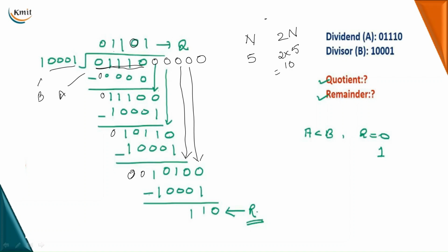Subtract it one time, it becomes 10001, so it becomes 0011. Now you shift this 0 also here. So your remainder will be 110, whereas your quotient will be 01101. This is how you perform a binary division.